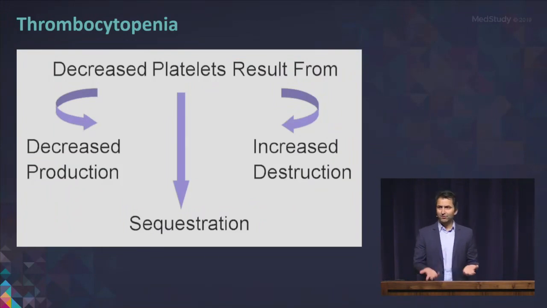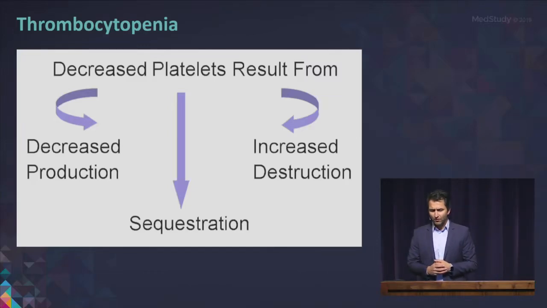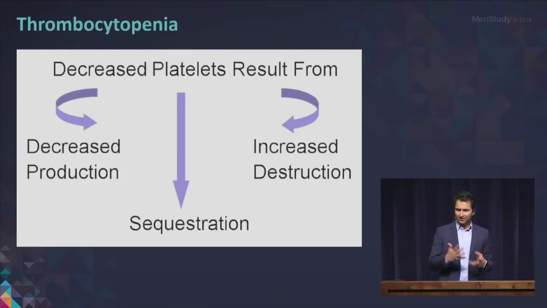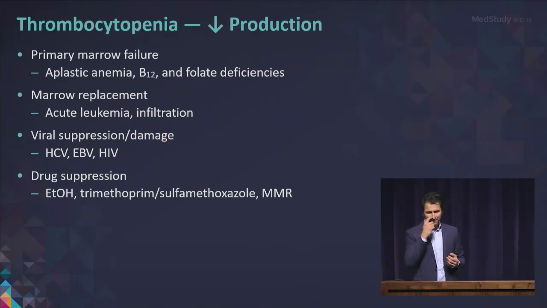You could become thrombocytopenic from not making enough platelets, from having platelets sequestered, like in your spleen, or from increased destruction of platelets peripherally. The first 2 I'm going to spend maybe 30 seconds on because they're not as exciting and not as testable. And they make a lot of sense. You don't need me to explain it.